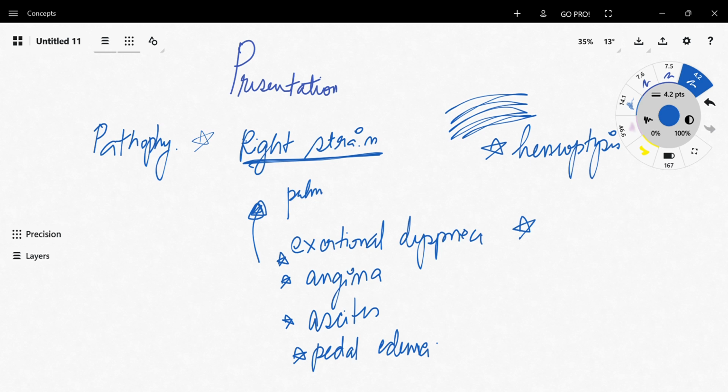Because your left heart is also not pumping properly, because it's not able to give out an adequate cardiac output, you can have exertional syncope, right?